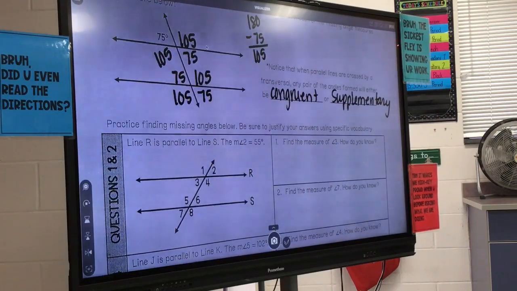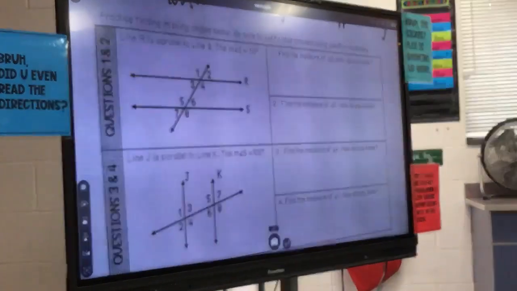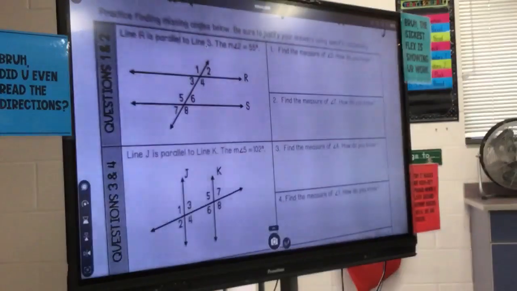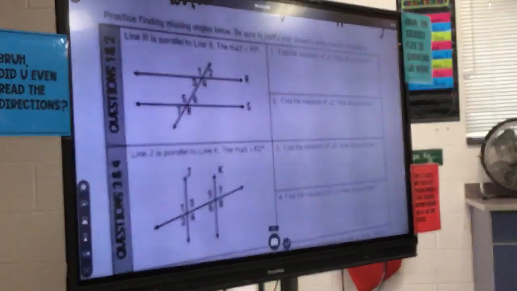All right, you and your group members are doing questions 1, 2, 3, and 4. I'm going to give you about 7 minutes to get this done. It should not take you that long. If you need help, ask your neighbor.